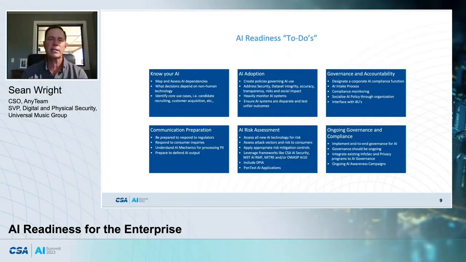Really document those, because the regulators are going to start asking about what you have in place that can defend your actions from a compliance perspective. And again, prepare to defend AI output.